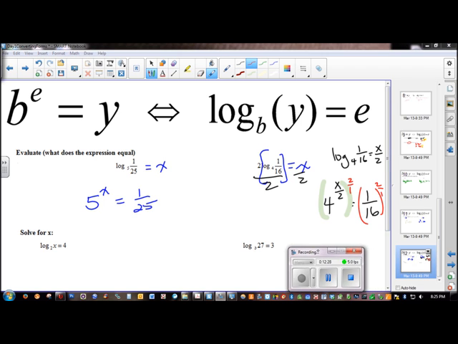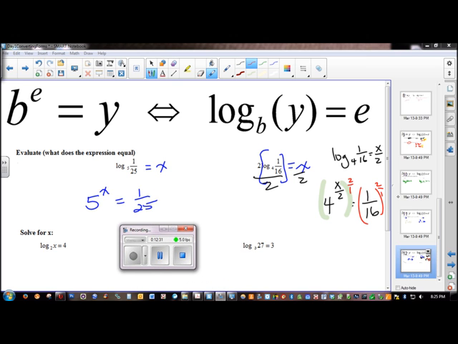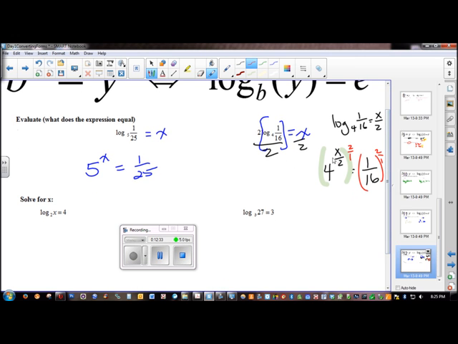Let's keep going. These 2's are going to cancel out. That leaves me with 4 to the x is equal to, well, I'm squaring a 1 on top. That's a 1. On the bottom, I'm squaring the 16. So that's going to be 16 squared.